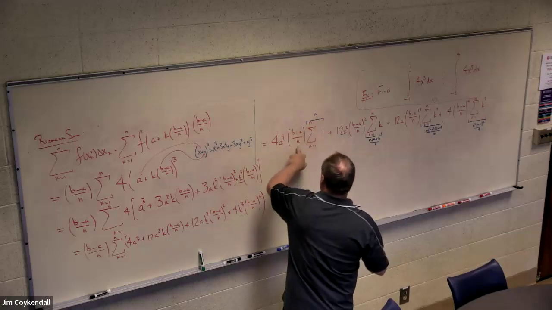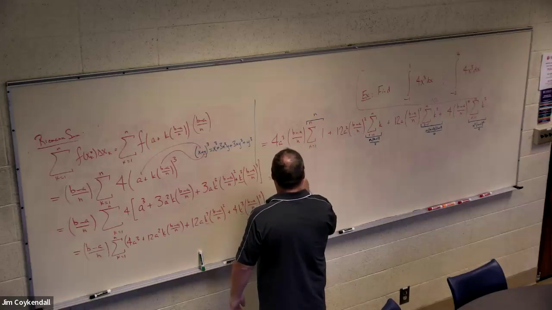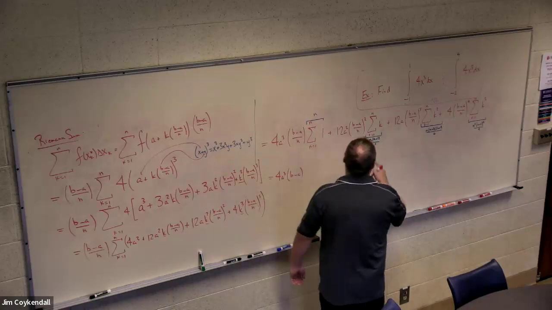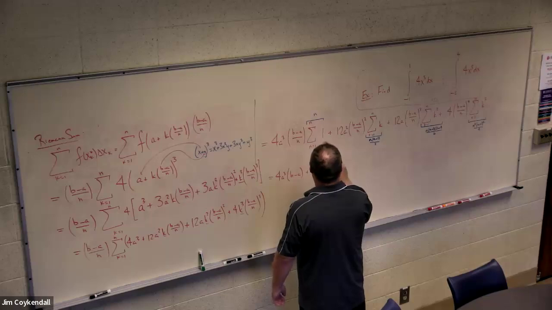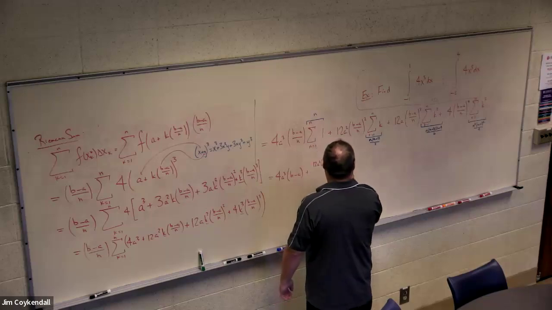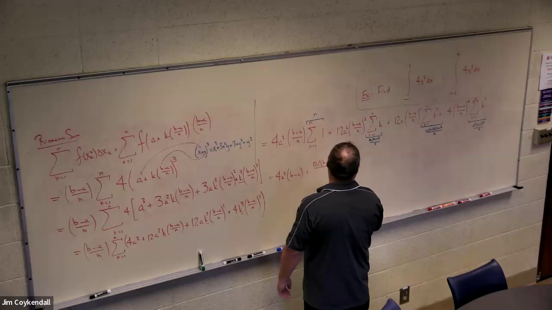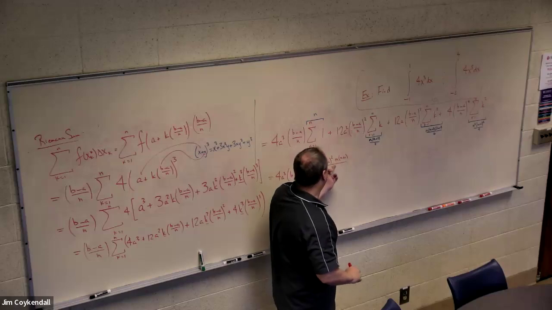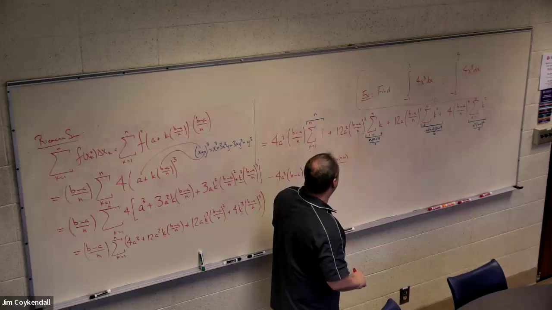This n cancels the n down here, and this is 4a cubed (b minus a). This is 12a squared (b minus a) squared times (n plus 1) all over 2n squared. On the top I have n plus 1, and I have 2n squared on the bottom.